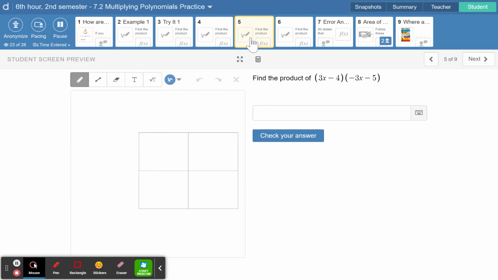So all we can ever do is change the dimensions. So this is actually a square now, but the area of a square is still base times height. If you wanted to put the negative 3x and the minus 5 up top, that's fine too. And then put the 3x minus 4 on the side, that doesn't matter, as long as you group them together. So negative 3 times positive 3 gets you negative 9, and then x times x is x squared.